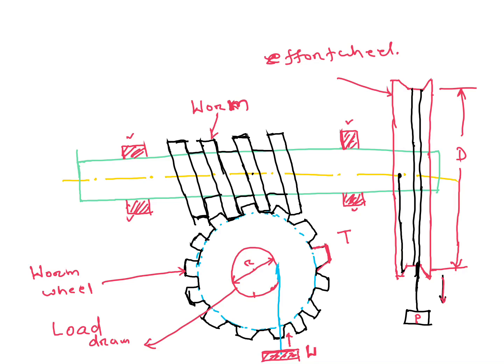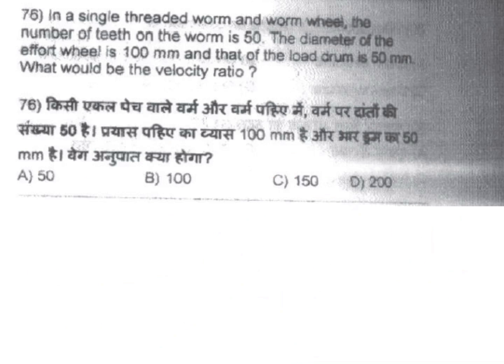So velocity ratio we have to calculate. Velocity ratio formula is capital R into T divided by small r, or capital D by T divided by small d.